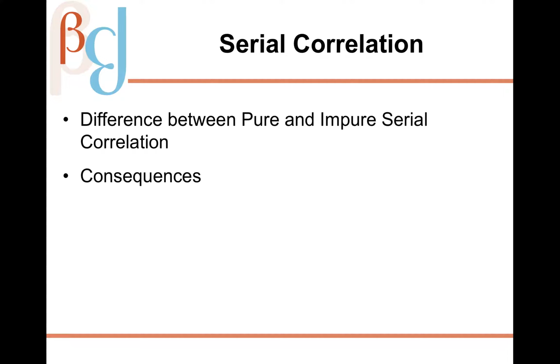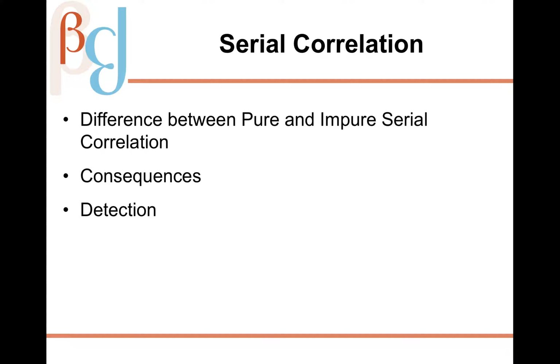We're going to be looking at the consequences of serial correlation, just like we did for multicollinearity. We're going to be looking at the detection of serial correlation. Again, we're not going to be able to go into great detail about sophisticated tests for detecting serial correlation, but the kind of tests that we're going to use are going to give us a gist of the kind of tools that are available to us for detecting serial correlation.